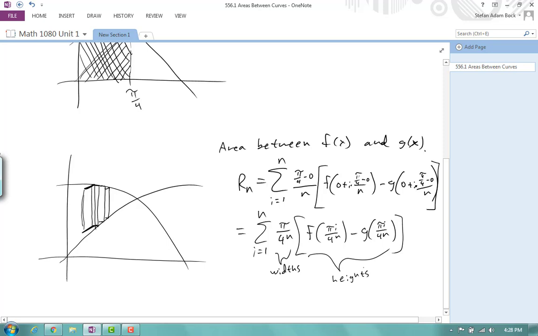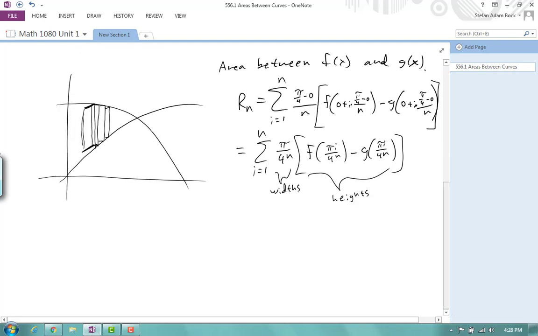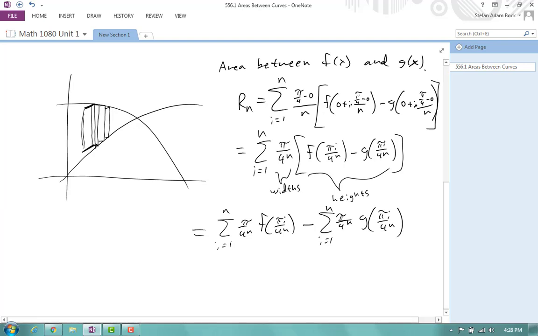And if I were to break this Riemann sum apart, I would notice that this is the same thing as the Riemann sum for f of x minus the Riemann sum for g of x separately.